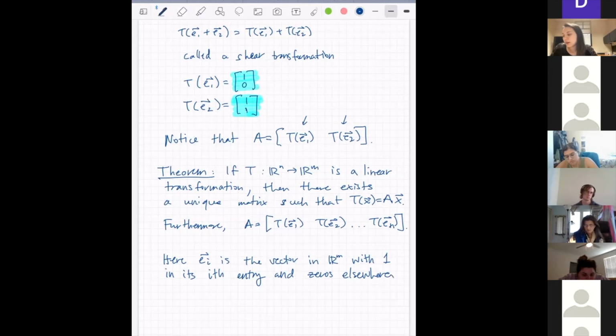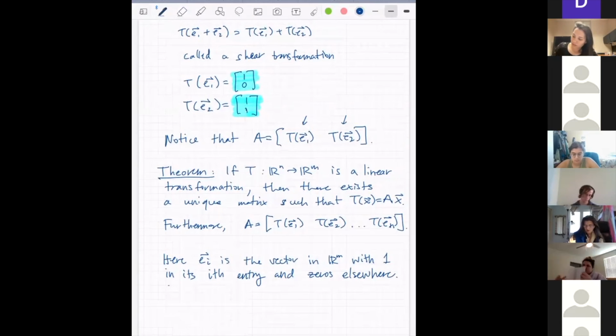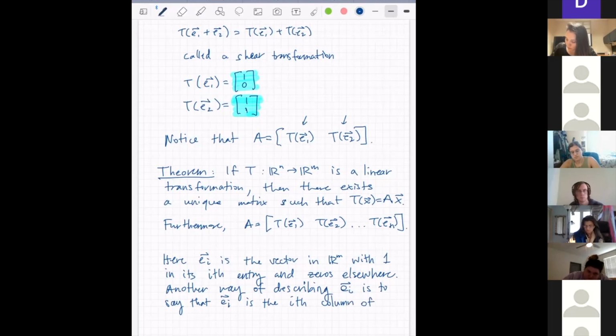And another way of describing EI is to say that EI is the ith column of the identity matrix, which is how it's stated in the book.